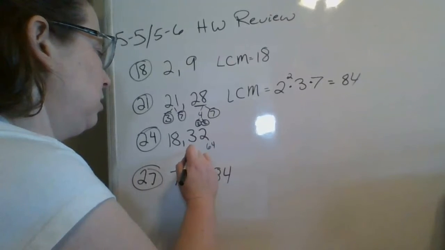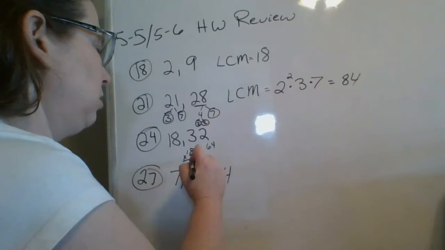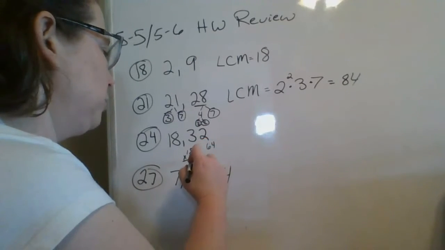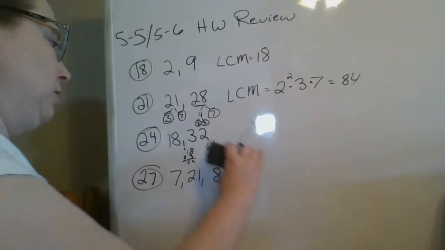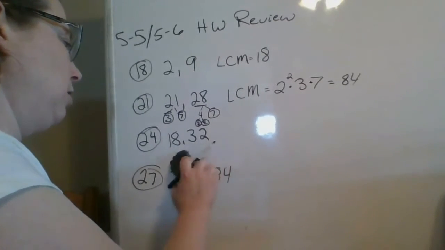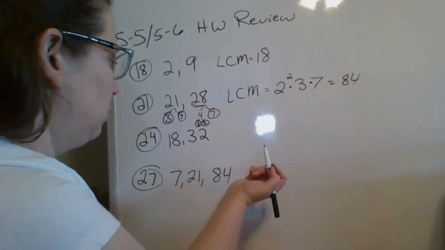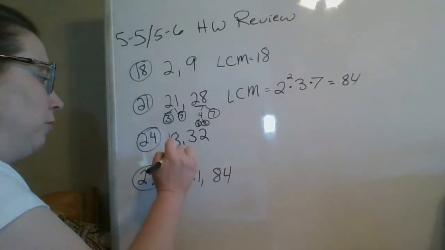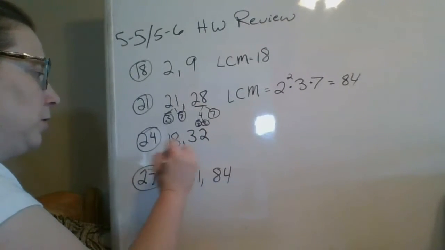What about 18 times 3? No, that's 54. Okay, so that's probably not going to work. So how about 32? I don't know. You know what? I'm going to do the factor trees again. Thought this one was going to be short.